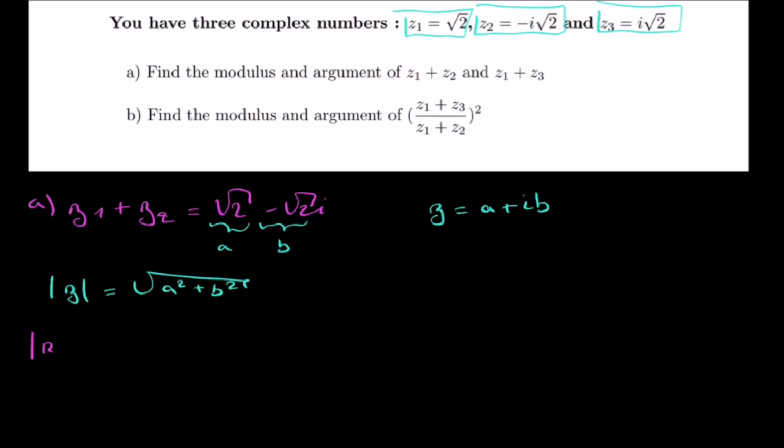Here, the modulus of z1 plus z2 is root of root 2 squared plus minus root 2 squared.